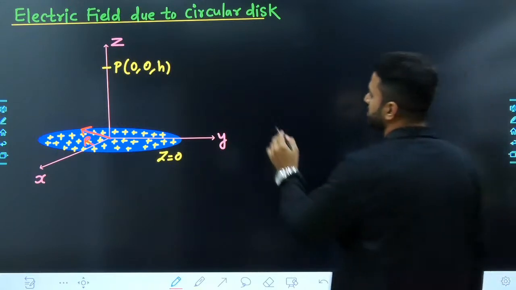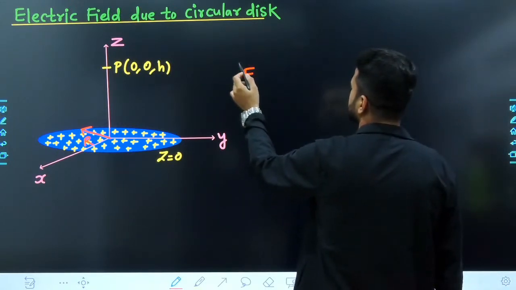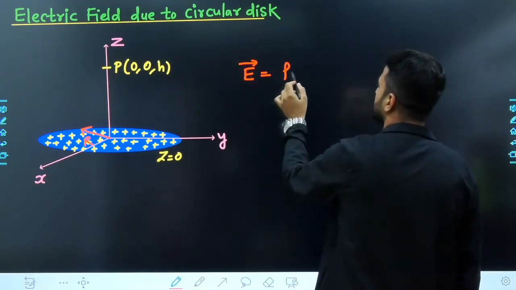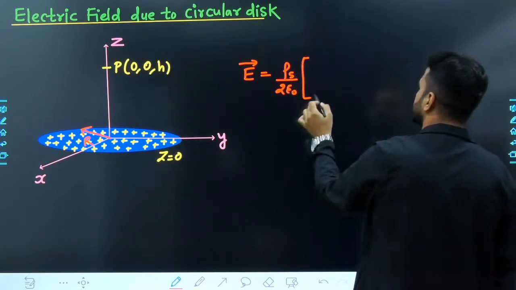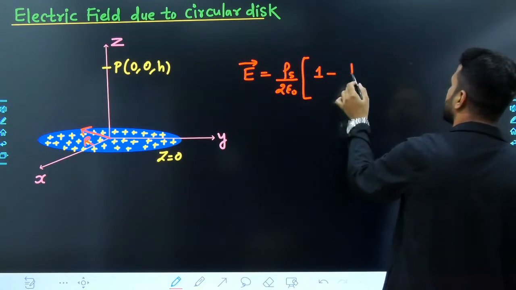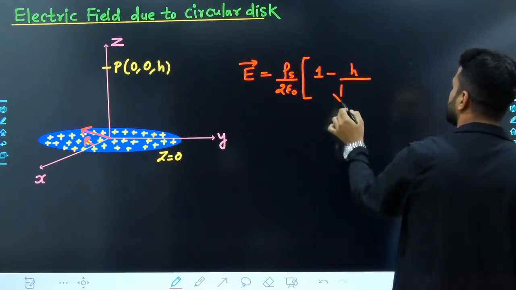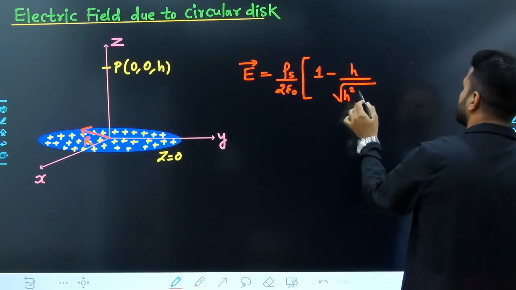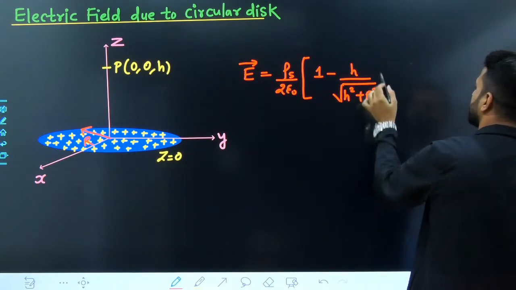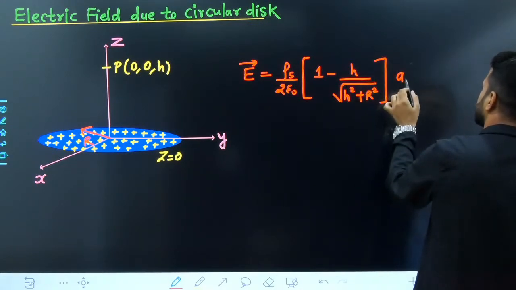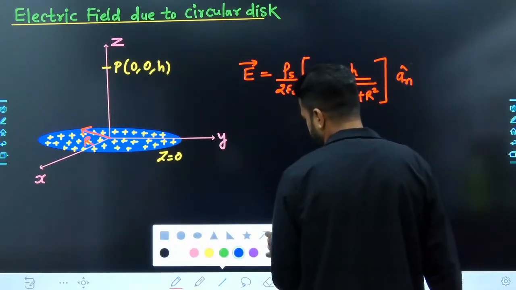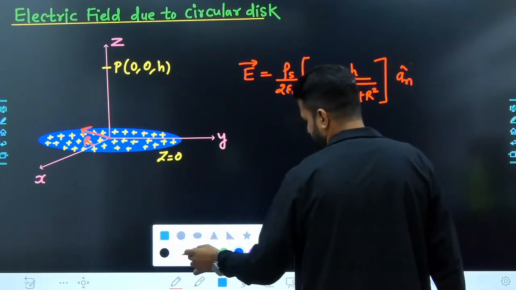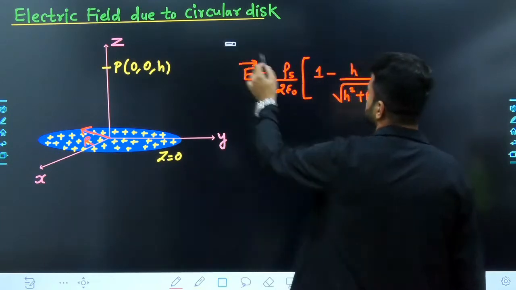So now the electric field is E is equal to rho s divided by 2 epsilon naught, times 1 minus H upon root over H square plus R square, times An cap. The meaning of An is the same as we have written in the last discussion.